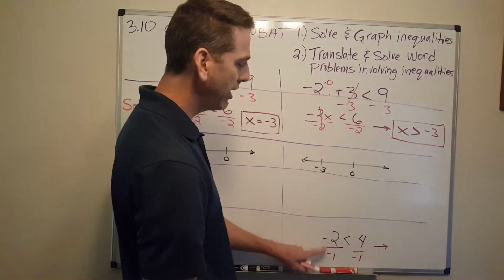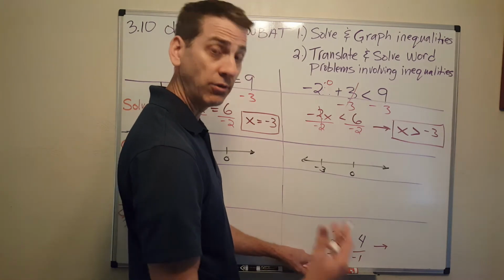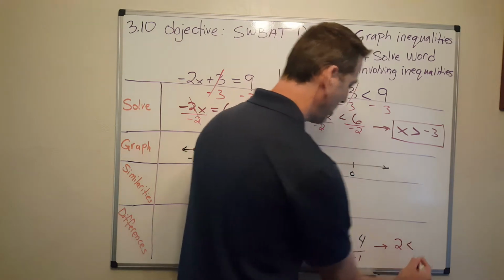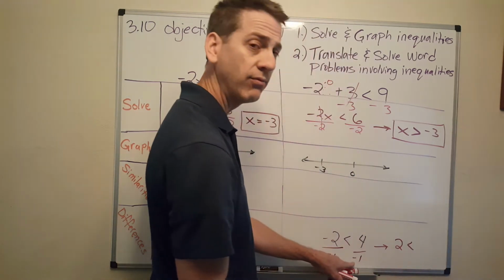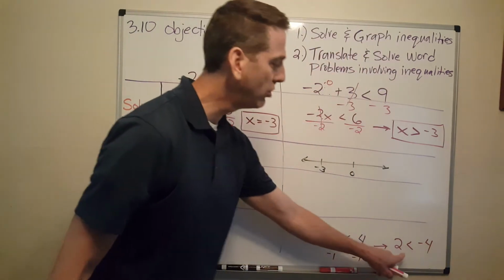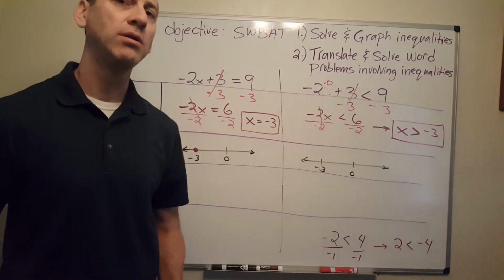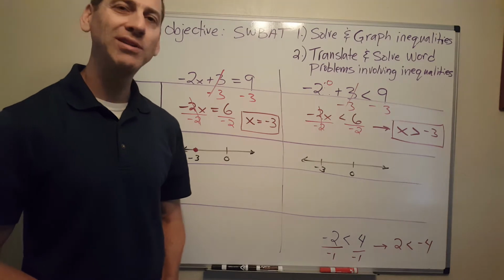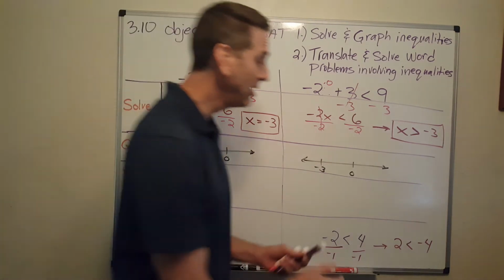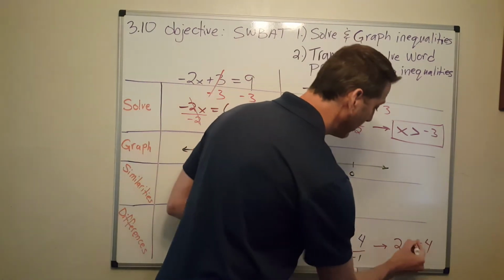Negative 2 divided by negative 1 is a positive 2, less than 4 divided by negative 1 is negative 4. Is 2 less than negative 4? No, it's not. It's greater than. I would need to reverse this.